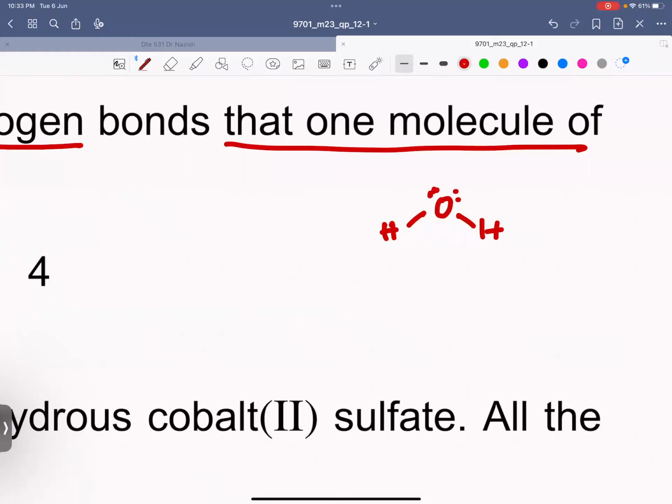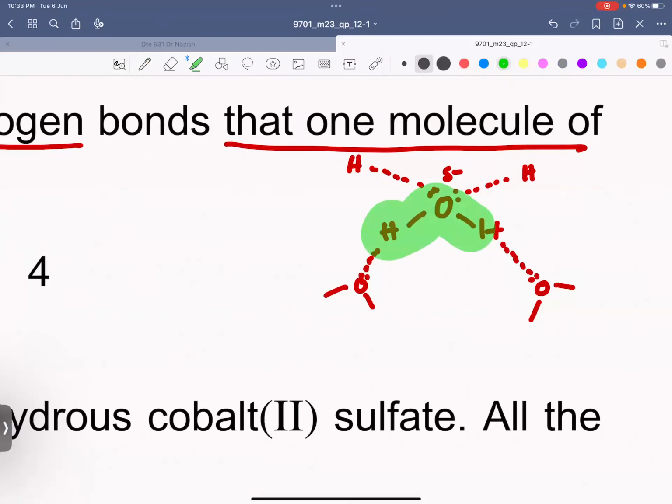So this makes it partial negative. So due to these lone pairs, this water molecule is going to form two bonds over there, right? The molecule will also attract these hydrogens. I'm just making it the subject, so that's why I'm highlighting it.